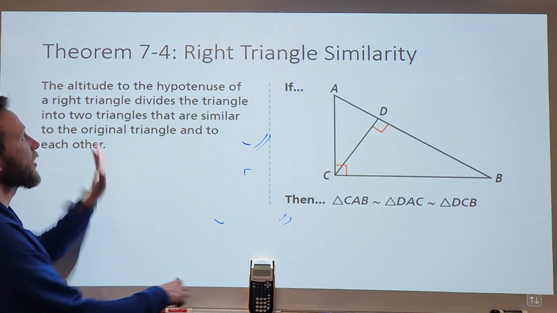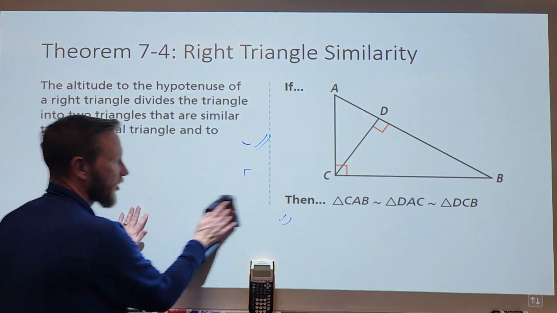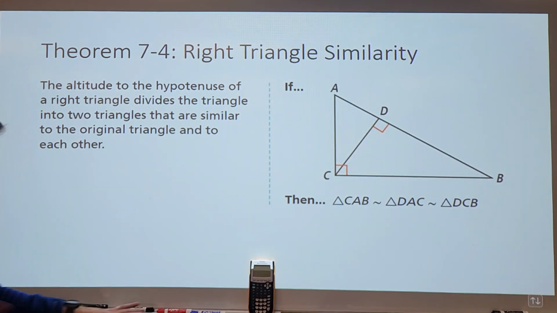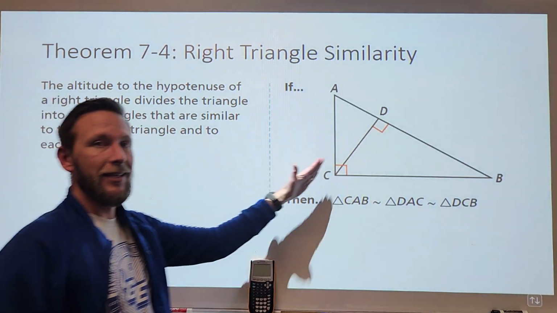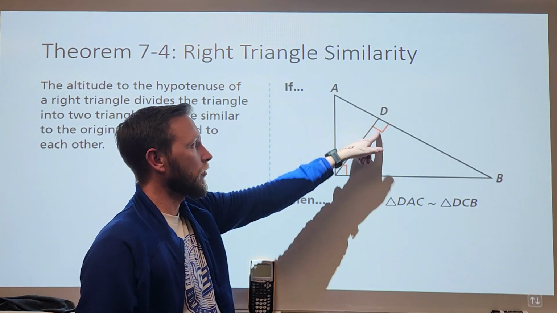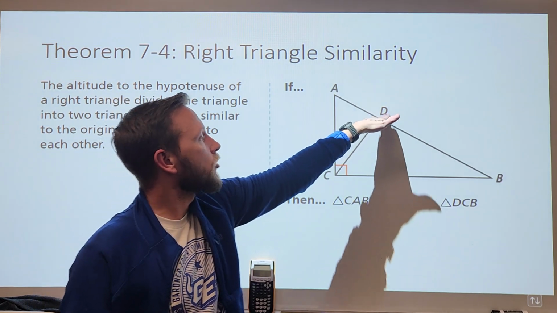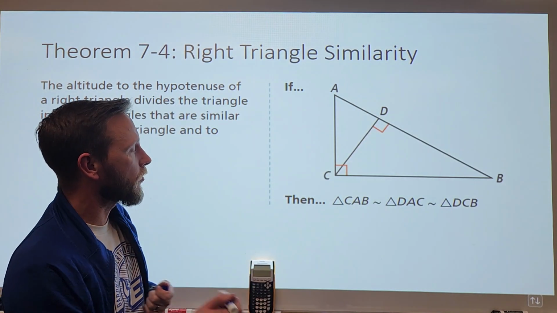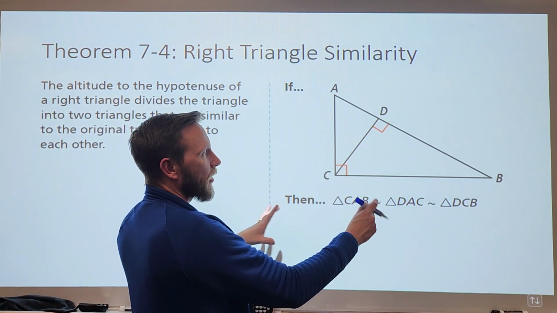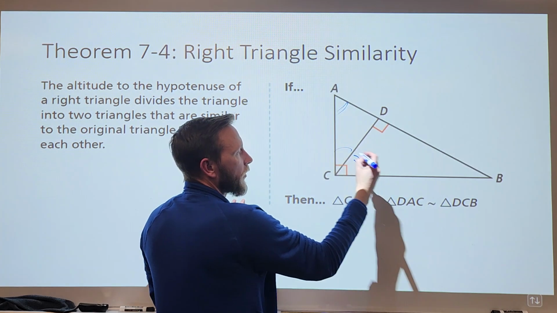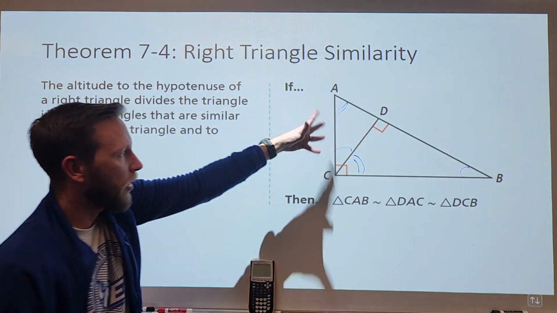So here again here's the actual theorem, theorem 7.4. I wanted to give you the heads up on that so that we are cool with that first. If I draw in this altitude from the hypotenuse to the right angle, altitudes are perpendicular, so I draw that perpendicular segment, I am making similar triangles where this angle here is congruent to that angle there, and then of course we have our right angles, right?